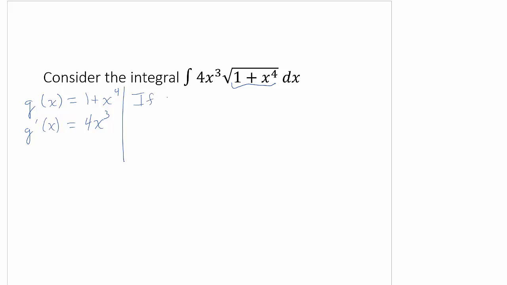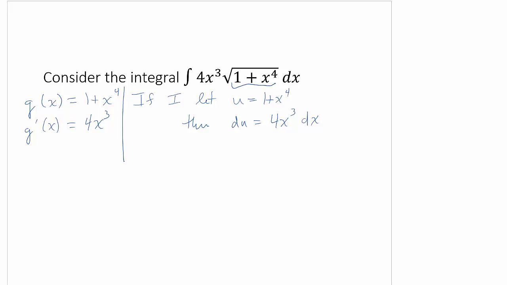If I let u, whatever u is, it's just some other variable. If I let u equal 1 plus x to the fourth, then its derivative, du, would be 4x cubed times dx.